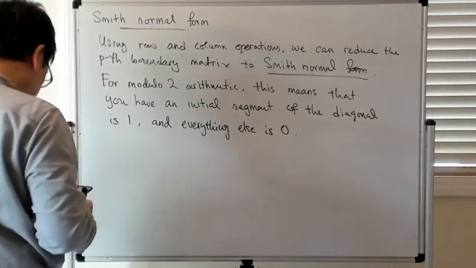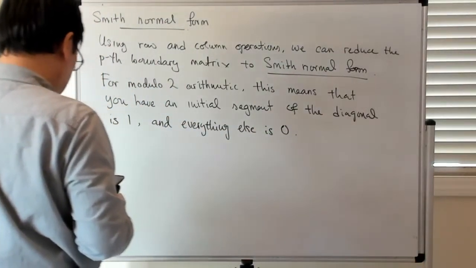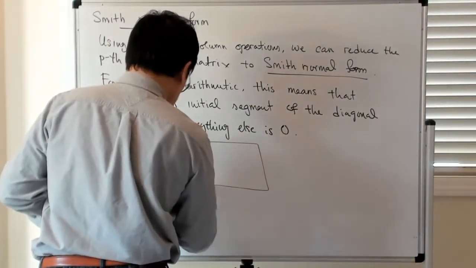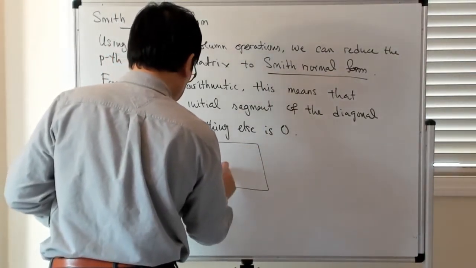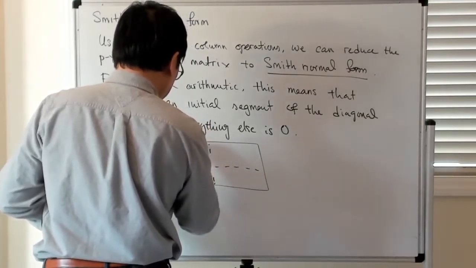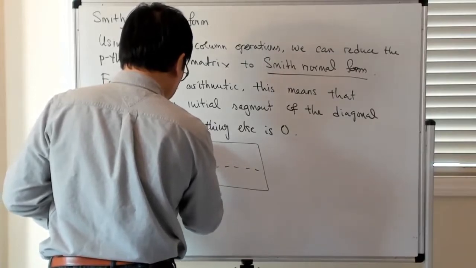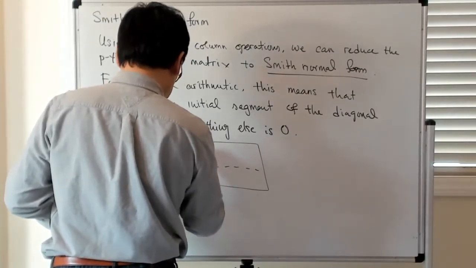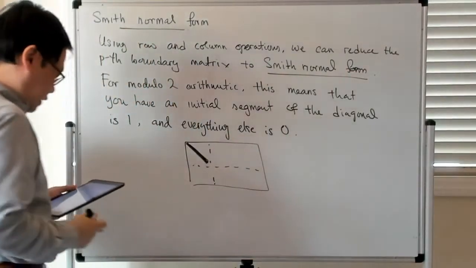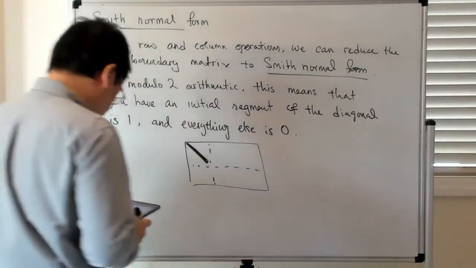Okay, so it's a very, very simple form. So let me just draw it out for you in a block to give you a sense as to what's going on. Okay, so there's going to be basically a square block here where these entries are just 1s. Okay, and everything else in the matrix is 0.